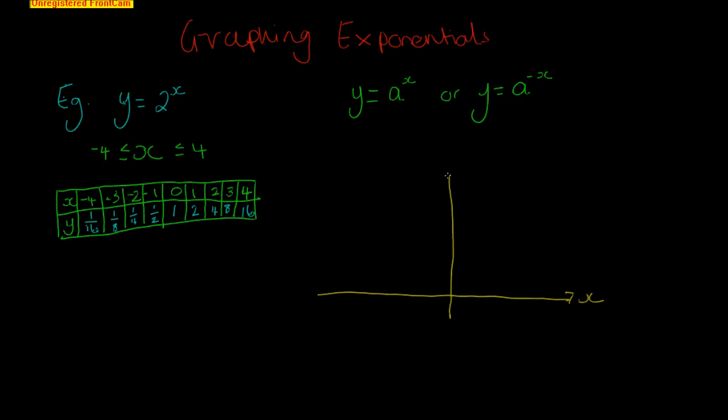X and y. So we only need to start with the x value. So we've got negative 4, negative 3, negative 2, negative 1, 1, 2, 3, and 4.